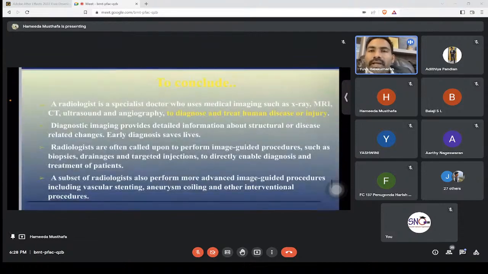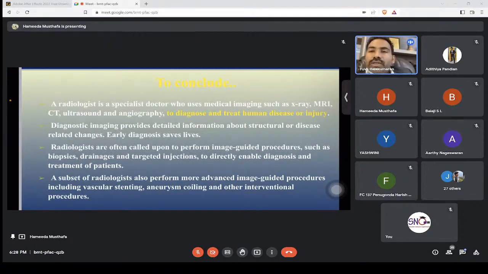To conclude, a radiologist is a specialist doctor who uses medical imaging such as X-ray, MRI, CT, and ultrasound to diagnose and treat human diseases and injuries. Diagnostic imaging provides detailed information about structure or disease-related changes. So with earlier diagnosis, we can save lives.